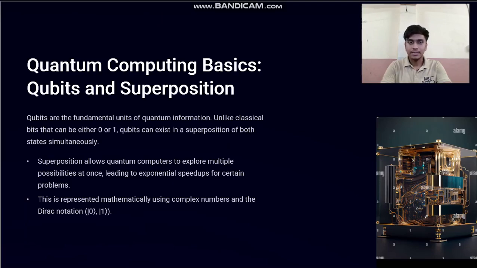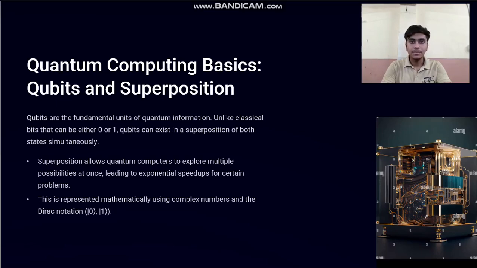Quantum computing basics. To understand the Deutsch algorithm, we need a solid foundation in some quantum computing basics, particularly qubits and superposition. Unlike classical bits that can only exist as 0 or 1, qubits can exist in a superposition of both states.